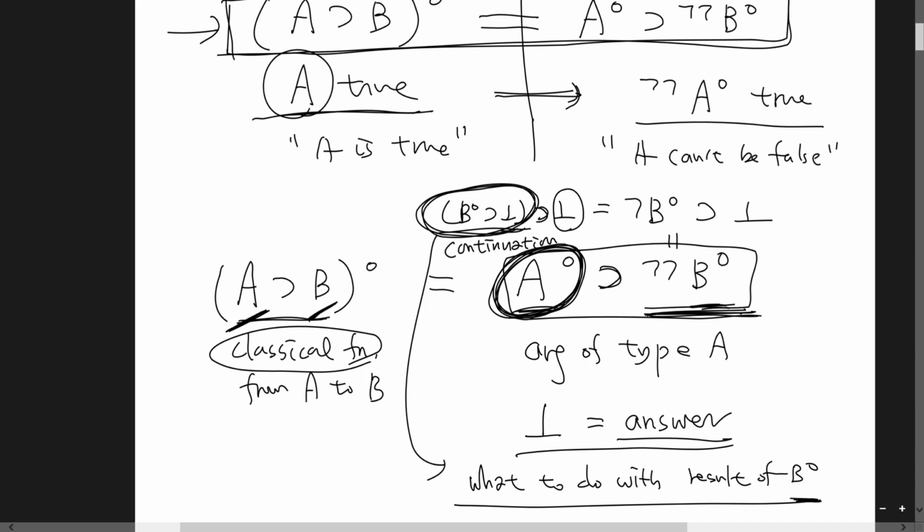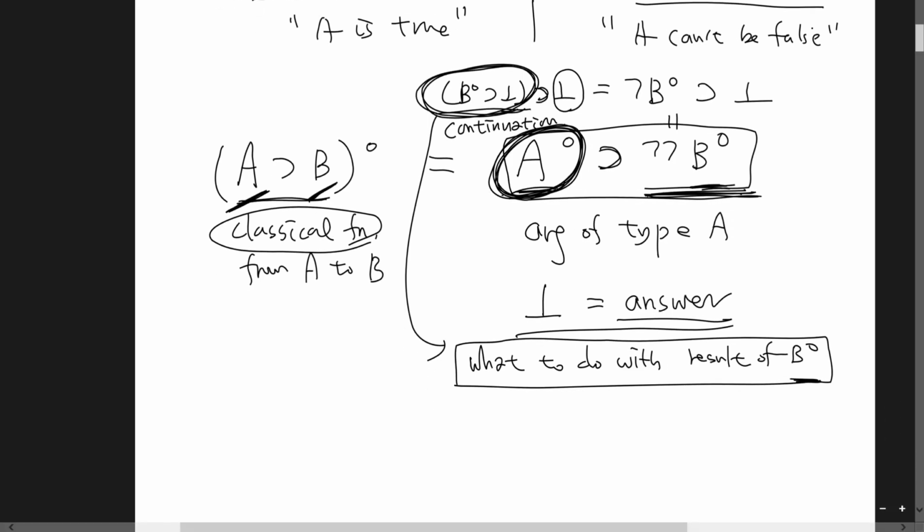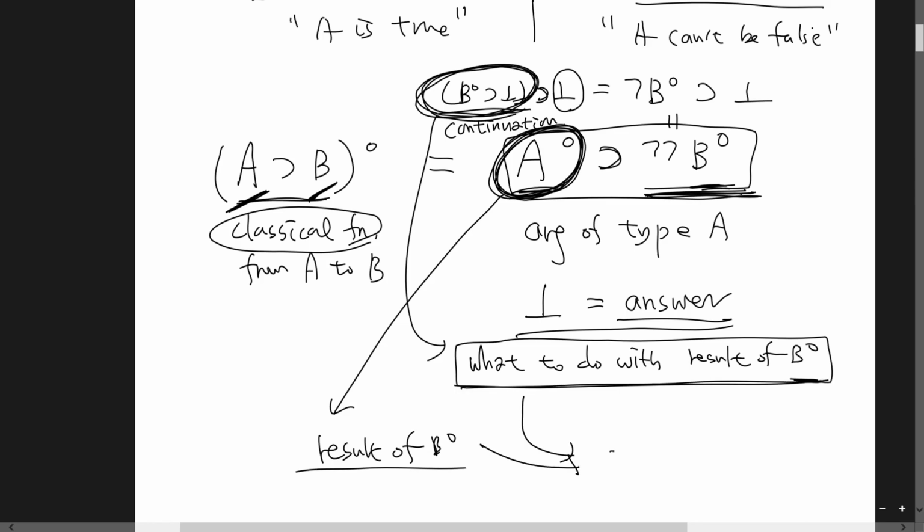Instead, I would like you to provide me with what to do with the result of B circle. Now, what happens is, from an argument of type A circle, I produce a result of type B circle. And you have told me what to do with it. So I combine these two, I carry out the action myself, and then produce an answer of type bottom.